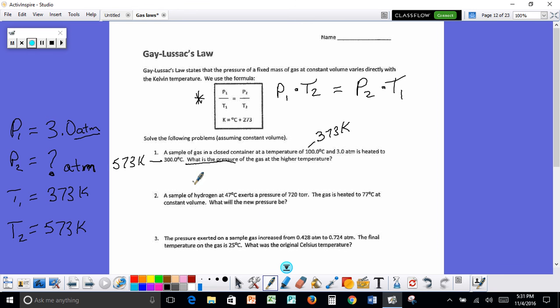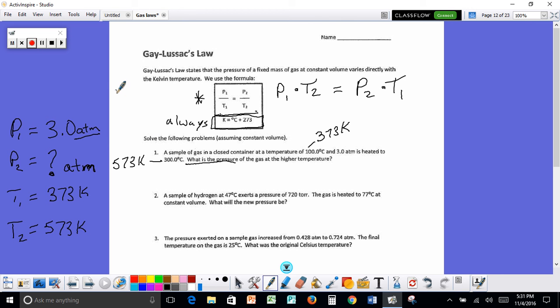So let's set up our equation. Again, I didn't really say this, I'm hoping it's understood by now. Always convert to Kelvin from Celsius.